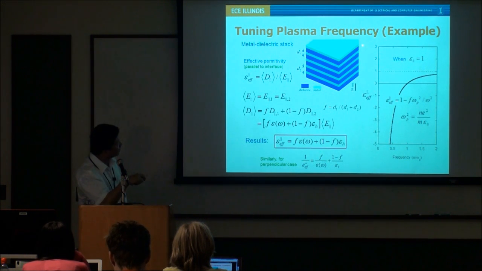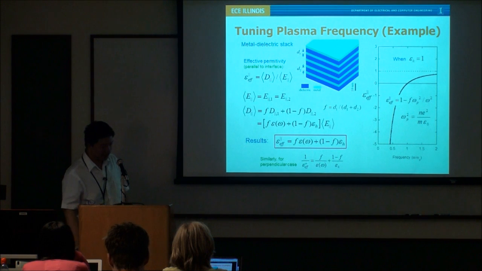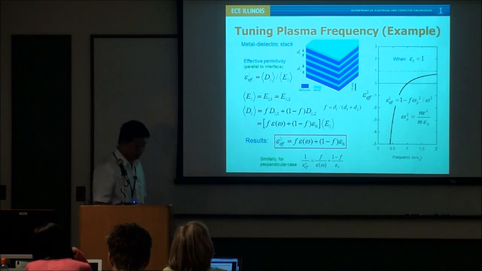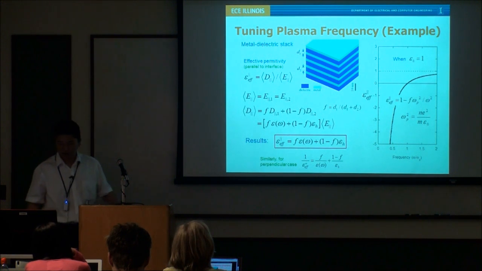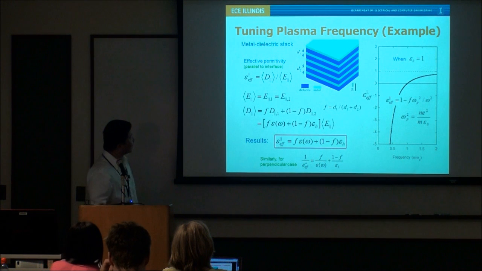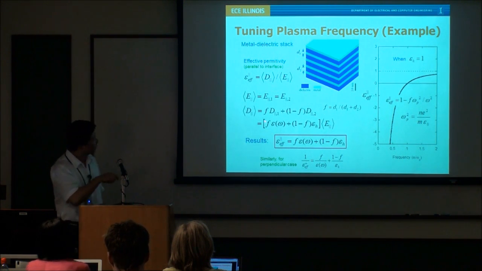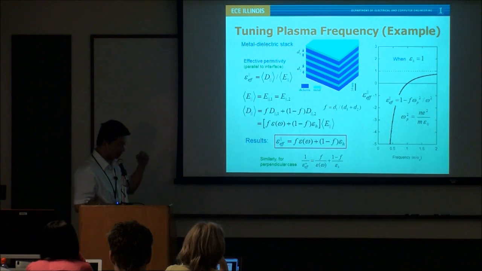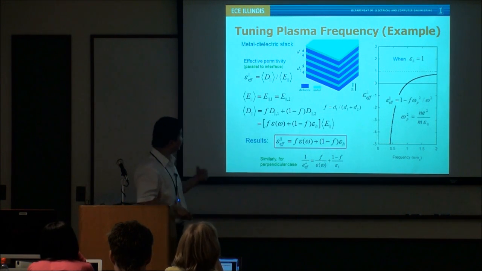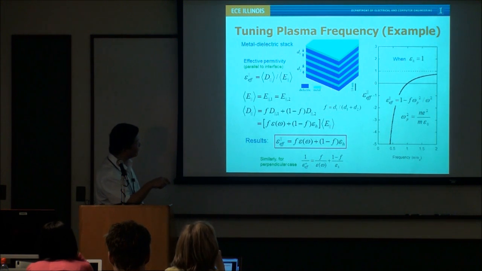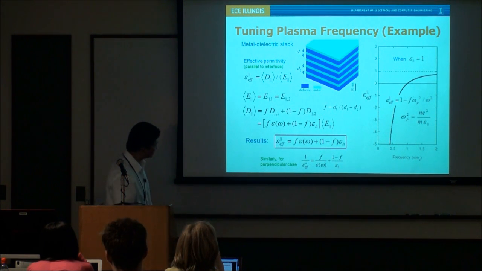For example, you can treat this light blue as metal and this dark blue as dielectric materials. If you stack them together like this, you can equivalently create a material with an effective refractive index or effective permittivity that is different from the metal and the dielectric materials.